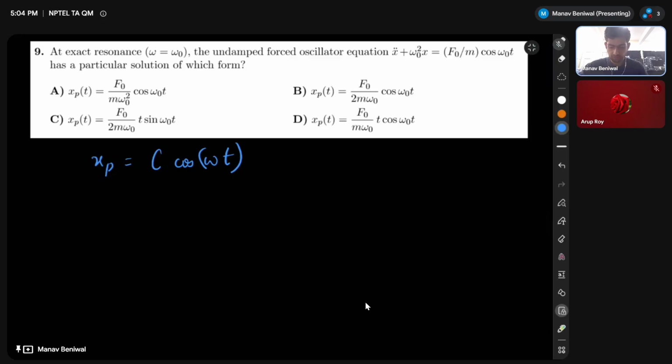Instead, we can try this solution where we multiply by a constant t.